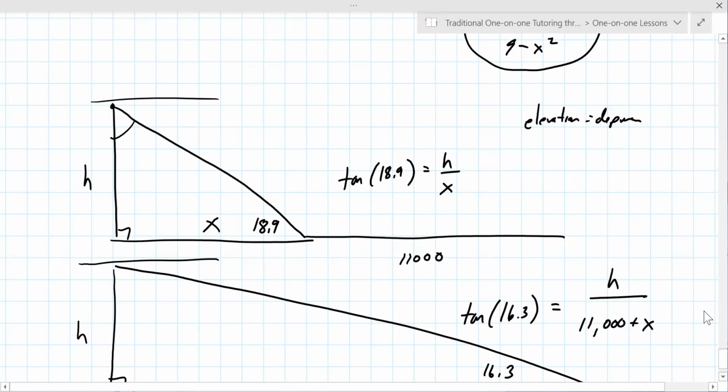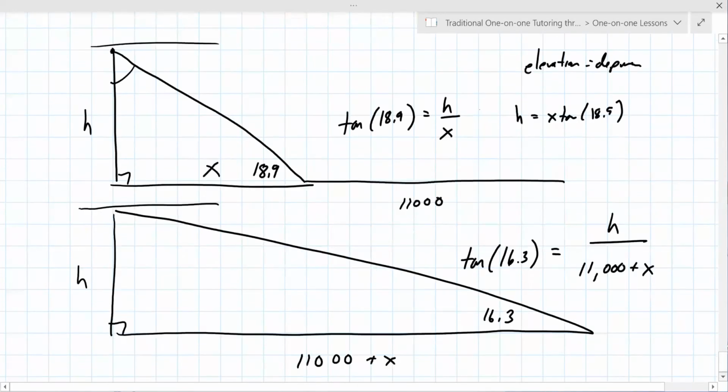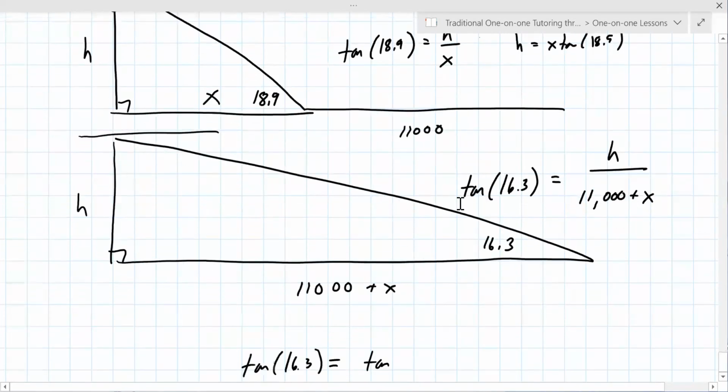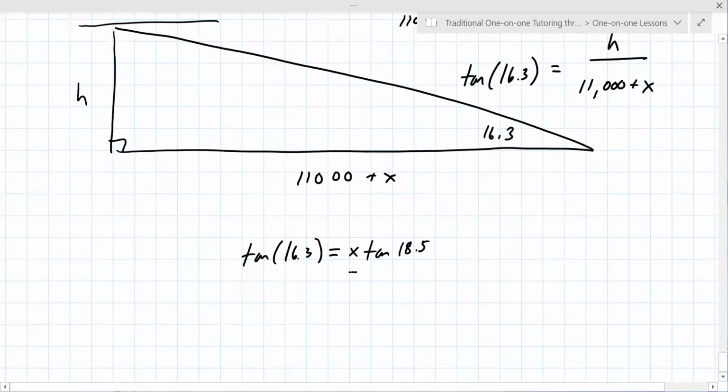So I'm going to solve this one for h. So h equals x tangent 18.9. And then let's put that into this other equation here. So tangent 16.3 equals x tangent 18.9 over this 11,000 plus x.